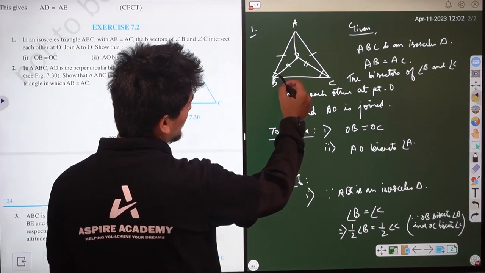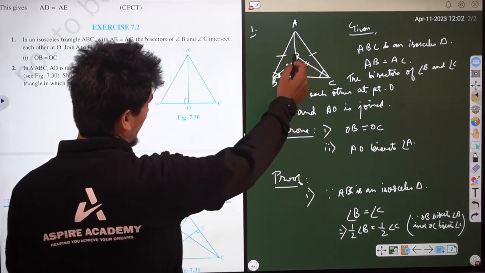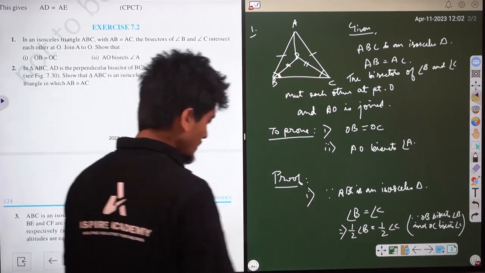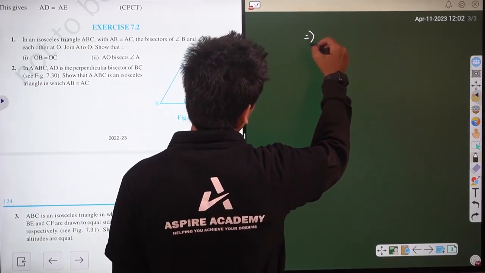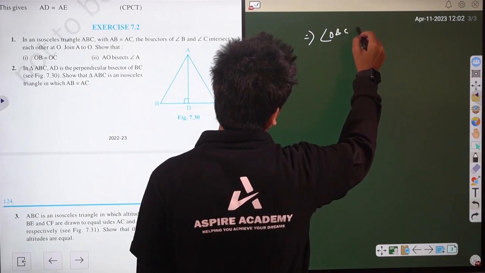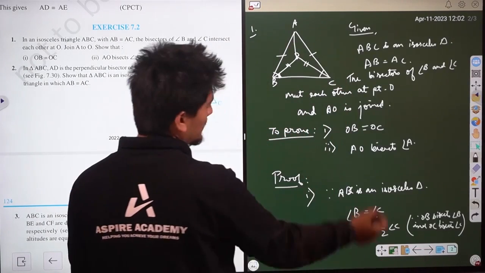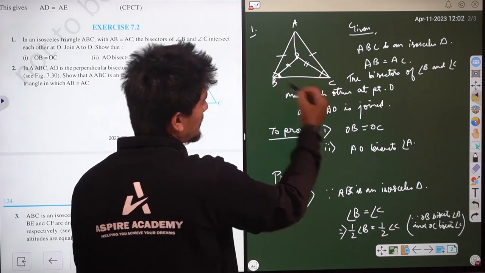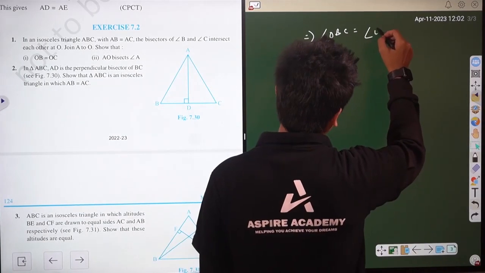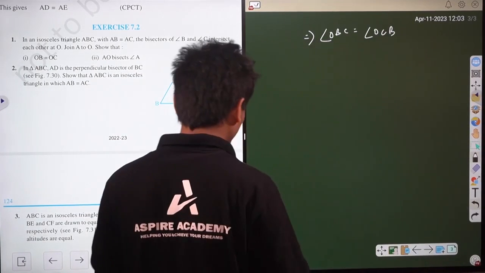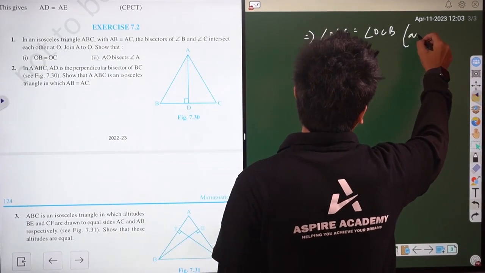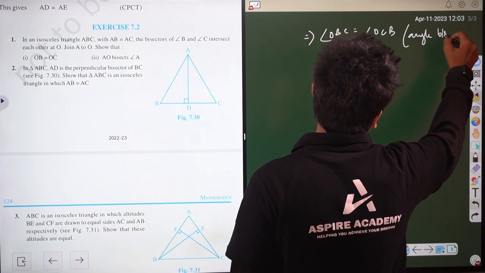It is nothing but this part, that is angle OBC, which is equal to half of angle C, that means angle OCB. You can write here angle bisector.